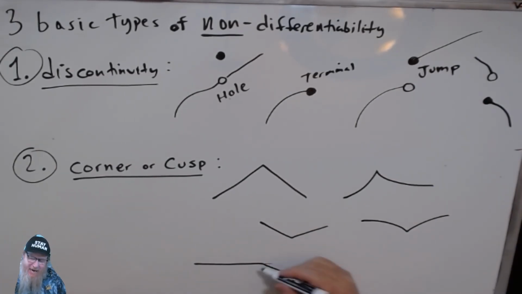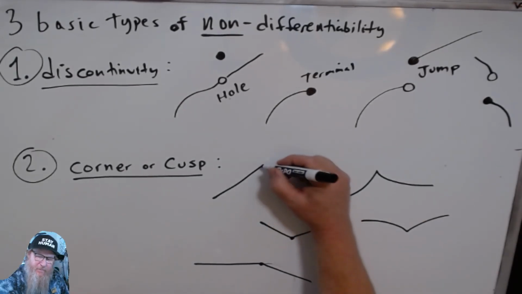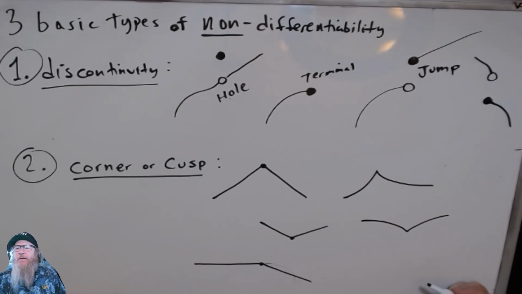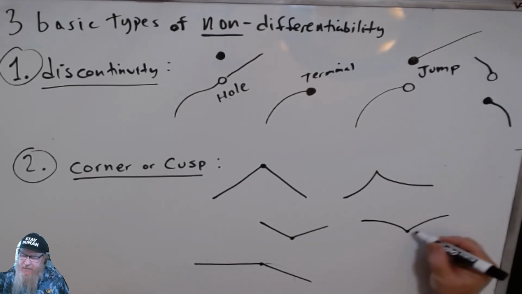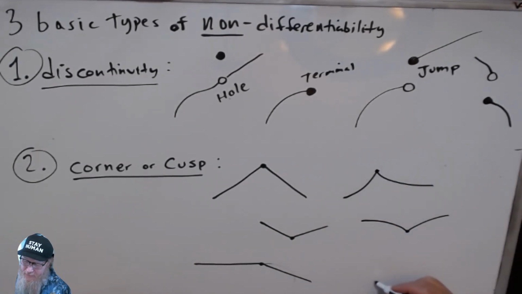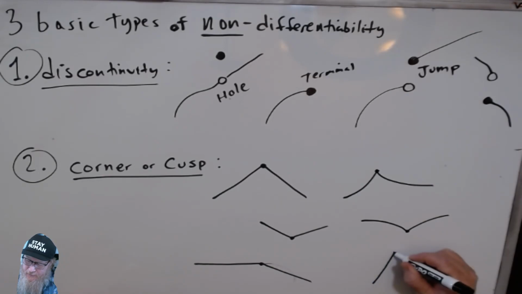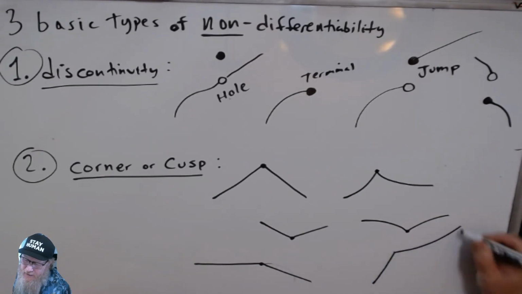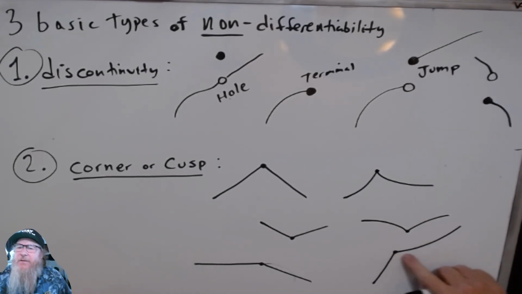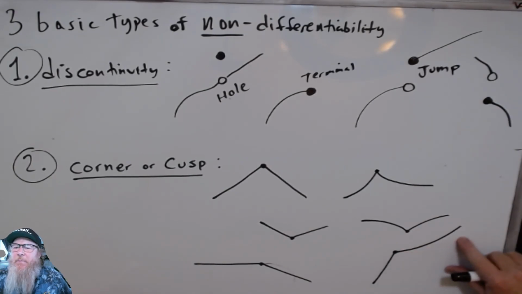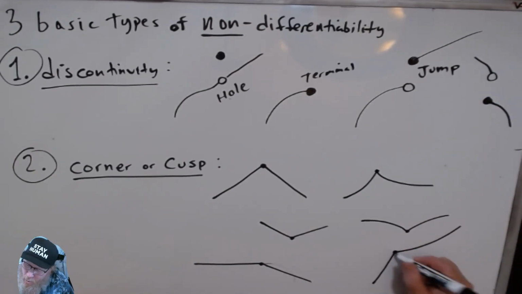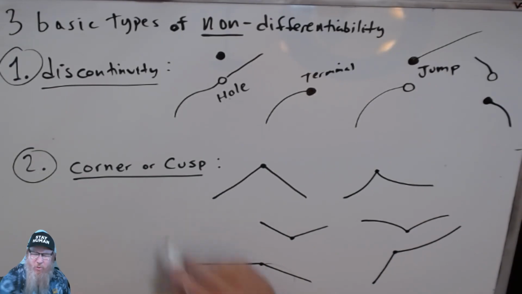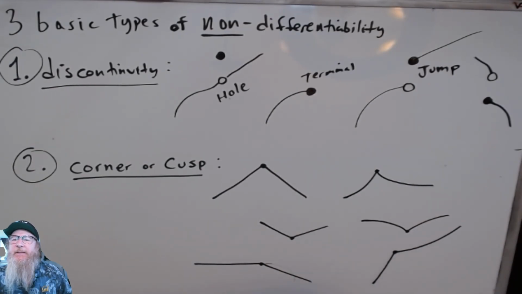Even a slight little bend like that would not be differentiable. Okay. And then another type of cusp you might see is something like where it goes like this, and then it goes like that. So it just has a little bit of a bend to it, and then it has this little point right there. We call that a corner or a cusp.